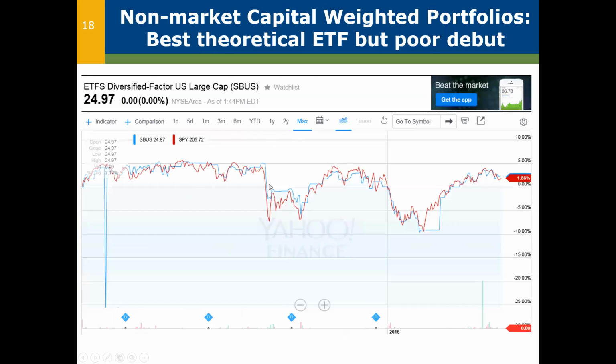Then here's another interesting example. This is an ETF that was created by academics, and this was EDHEC, which I actually mentioned in the very first lecture. And what they did was they said, okay, there are all these different weighting schemes, and there are all these different things to optimize to. So what we're going to do is build the best of all worlds.